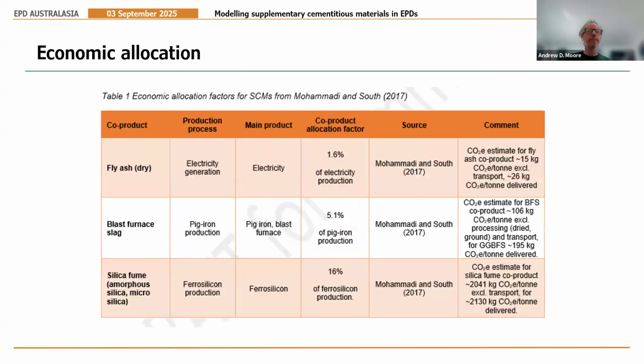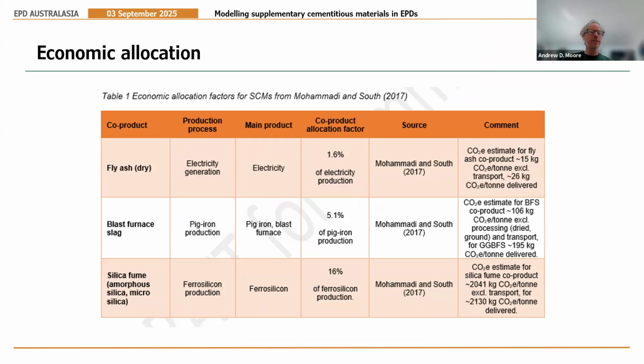Next slide. So these factors have been proposed to be used as economic allocation factors in the absence of any other information. It's based on a paper that was published by the Cement, Concrete and Aggregate Association of Australia.